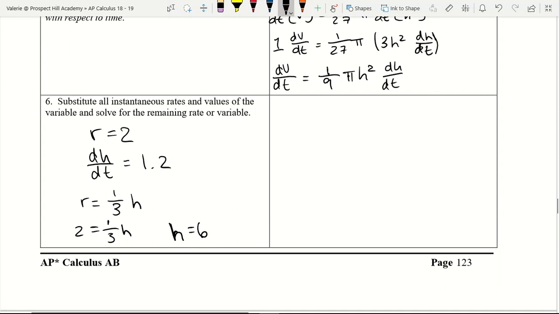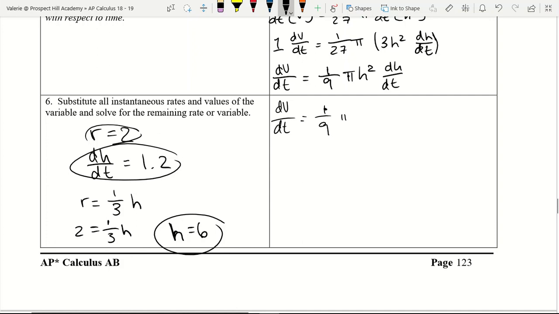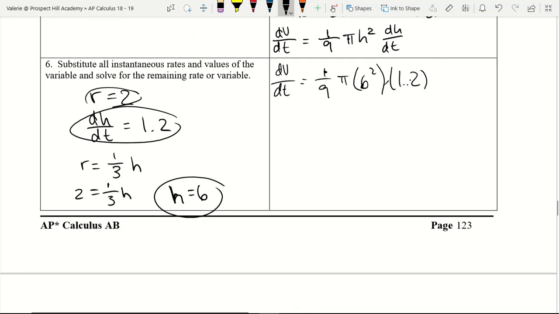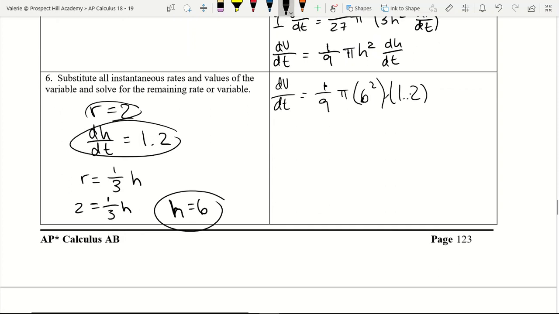So plugging these three values into my differentiation, I'll be able to figure out what dV/dt will be. dV/dt is going to equal 1/9 pi times 6 squared times 1.2. So dV/dt will equal 4.8 pi inches cubed per second.